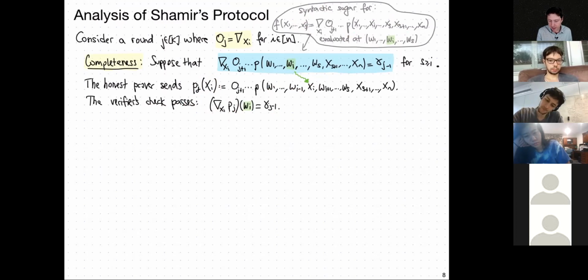And it passes because the verifier is just basically completing whatever this inner expression was with this operator.